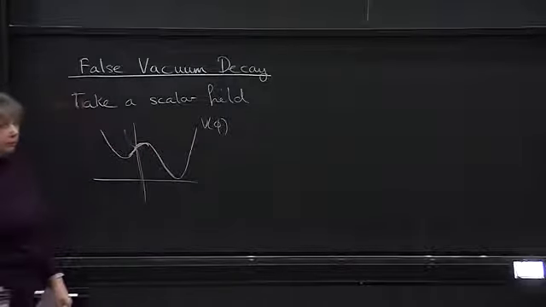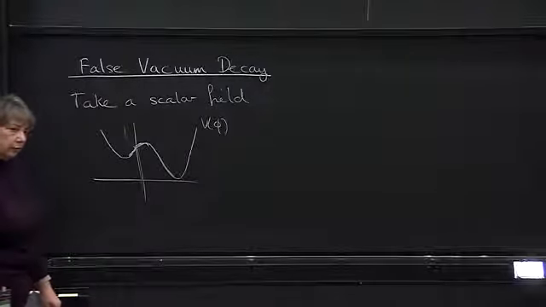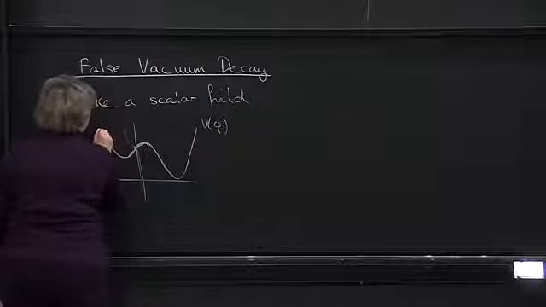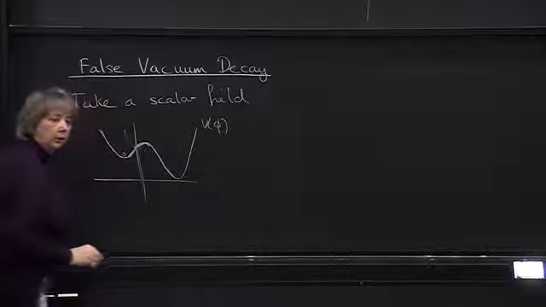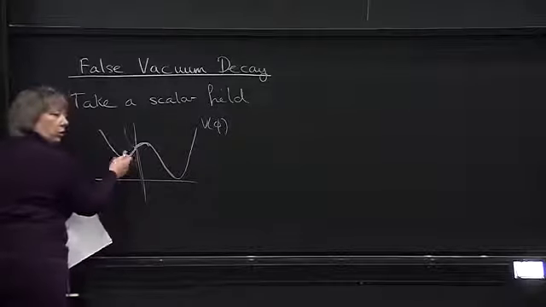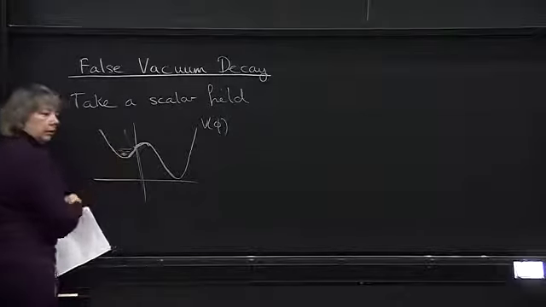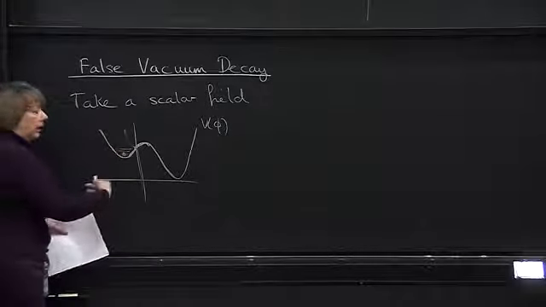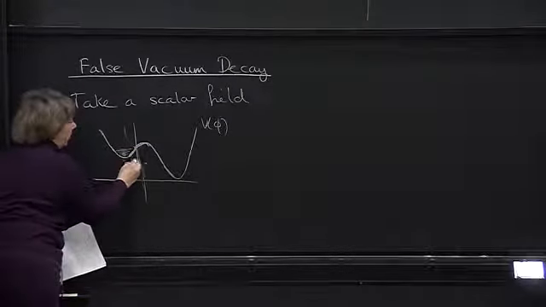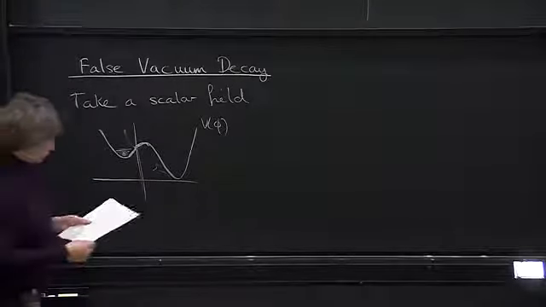And I've got two minima in my potential, or at least two minima, one of which is a global minimum, and one of which is only a local minimum. So if you were over here, you could imagine at very low energies that if you quantize round here, you've got essentially what looks like a vacuum, some local vacuum with energy levels sitting round this base, but there's a small probability of exiting and going to the true vacuum.